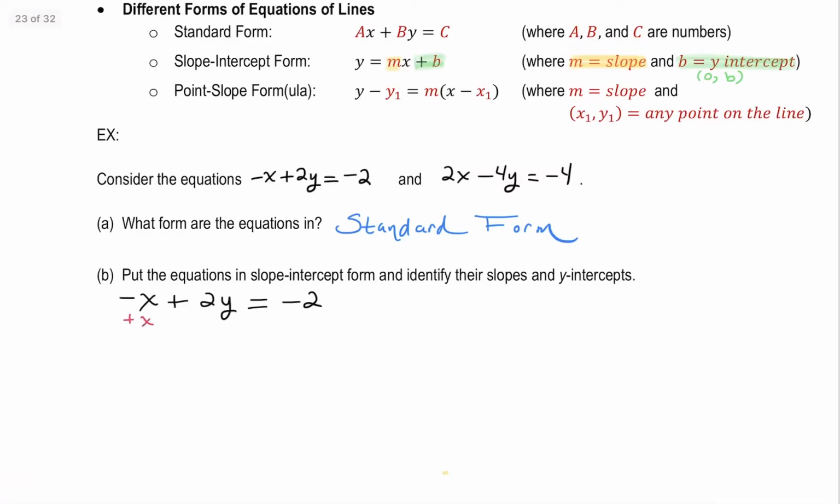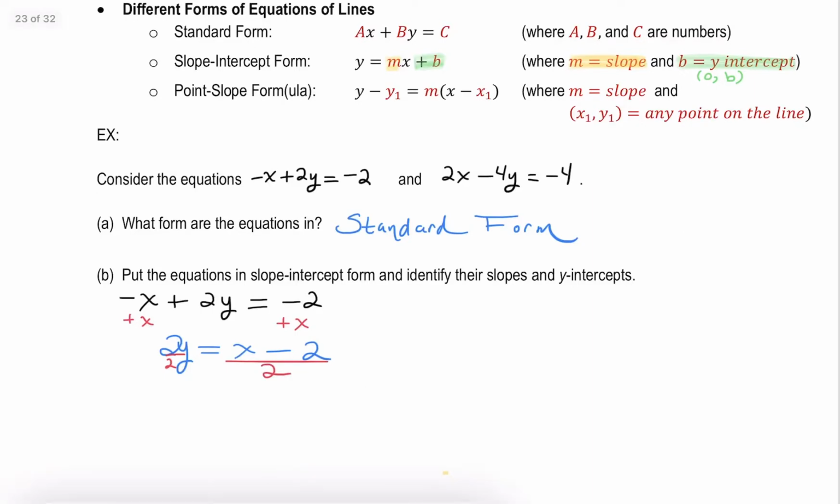So the first thing you would do would be to move the x term to the other side. So in this case, we would be adding the x to the other side. So we would have 2y equals x minus 2. And then the last step, 2 is being multiplied by y, so we do the opposite and we divide by 2.